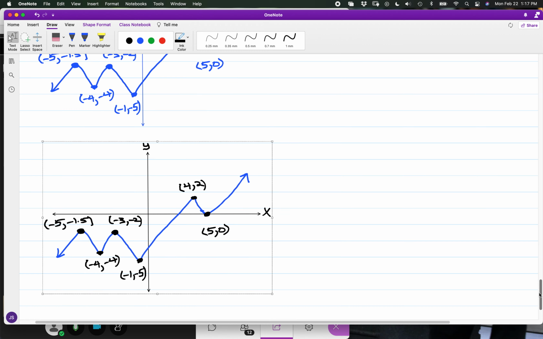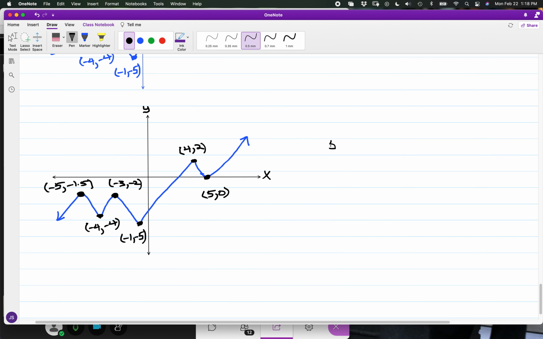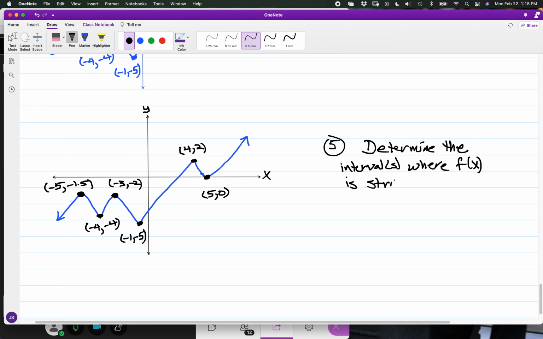There we go. Okay, so regarding motion, if I were to determine the interval or intervals where the graph of f of x is strictly increasing, you're looking throughout the real number system, and you're focused upon the x value, so just from end to end.